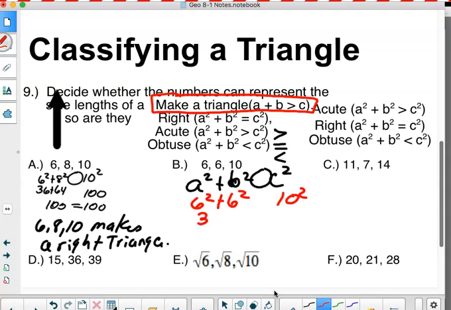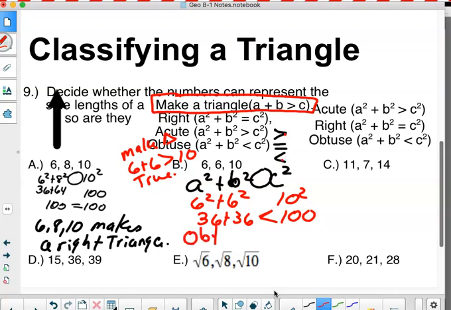Well, that's 36 plus 36, that's 72, and 100, and 100's bigger. And let's check to see if it makes a triangle. Is that true? Yes, true. So it's going to make a triangle. All right, so now I look at this, and that's bigger. So if it's bigger like that, this has got to be obtuse. Obtuse triangle.